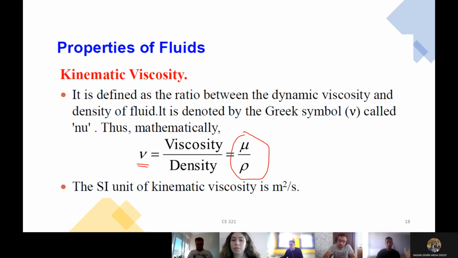So if you remember the dimension of mu, it is Pascal second. You know the dimension of rho, kilogram over cubic meter. Then simplify it, and you will find the dimension of kinematic viscosity, which is meter square per second.